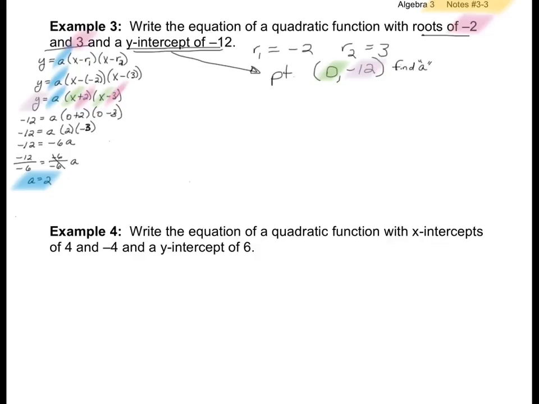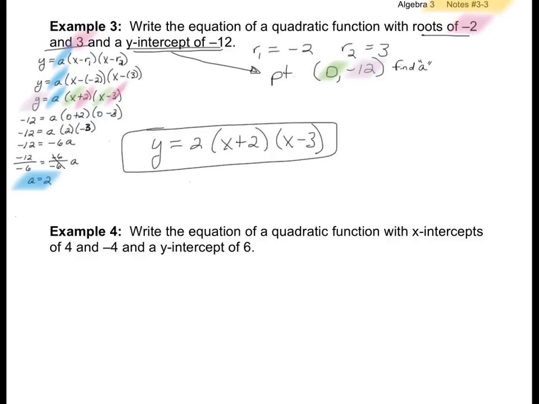And this is the formula that we're going to use, though. We're going to use it with the x's and y's. So our final formula is y equals 2 times x plus 2 times x minus 3. And that's our answer, because the question is, if you look here, write the equation of this function.